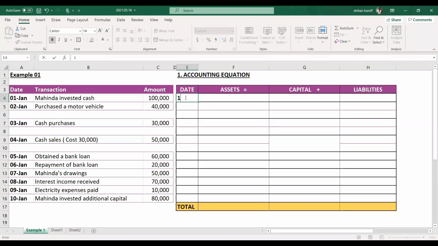Right. So 1st of January, the owner invested cash. Then the cash will increase by 100,000 and to increase the capital.